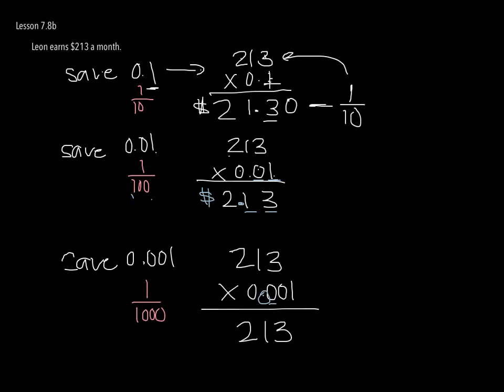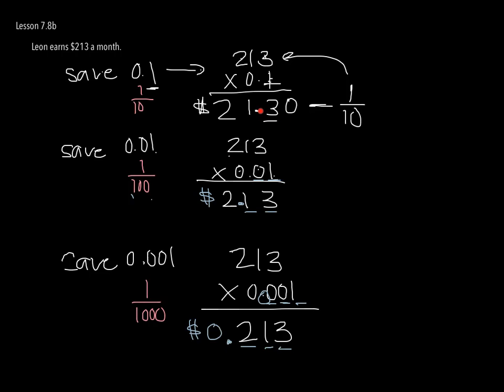We got 1, 2, 3. So in this case, the decimal point is going to go right here, and we're going to fill it with the 0. The first one was $21.30, the second one was $2.13, and now 1/1000th of $213 is 21 cents.